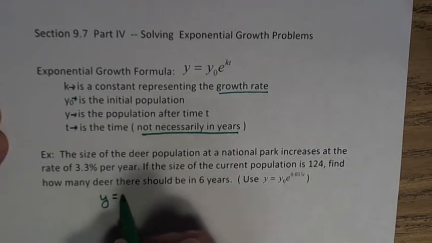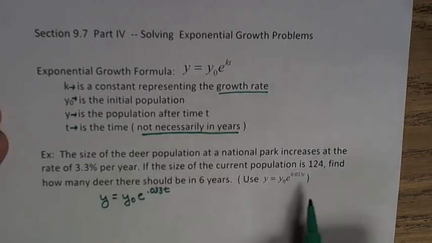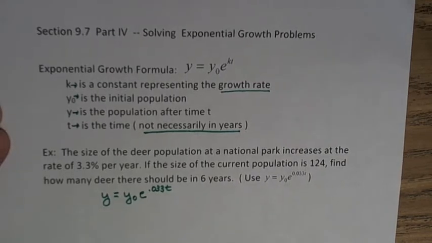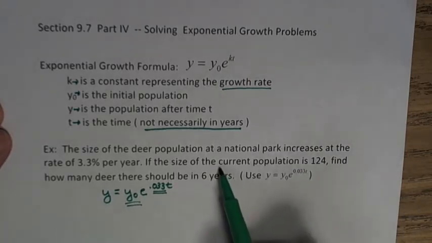So we have y equals y sub 0 e to the 0.033t. I'm going to leave the y sub 0 off, but I'm going to rewrite it here so we can look at it a little bit more clearly. Now the 3.3% is already given in this problem. It's right there. That's where the growth rate would go. But notice I didn't give you the y sub 0, but we can see it in the problem.